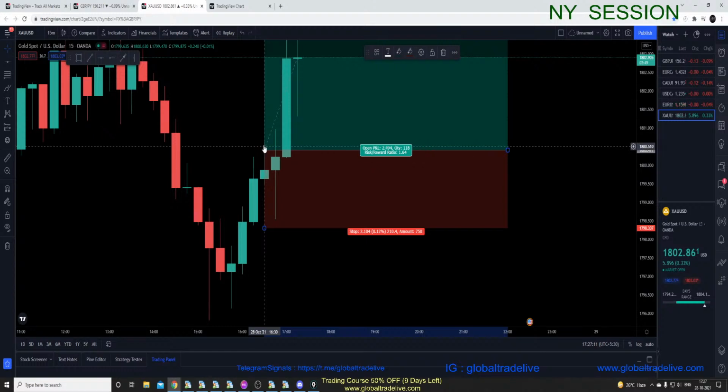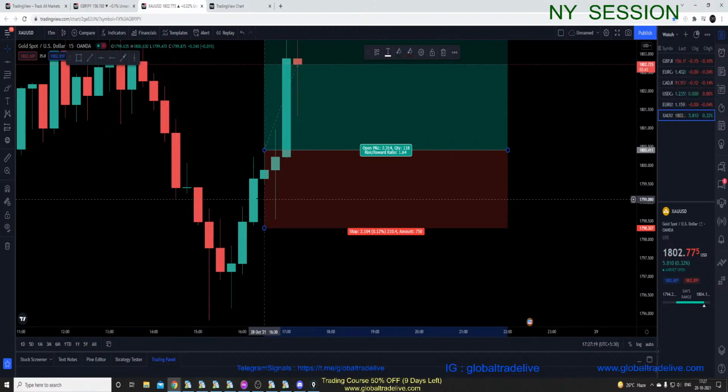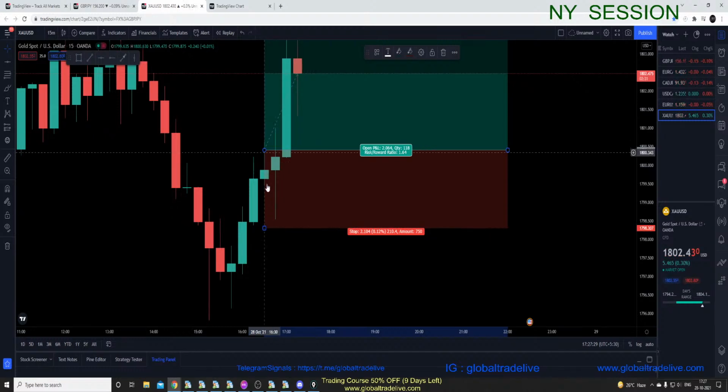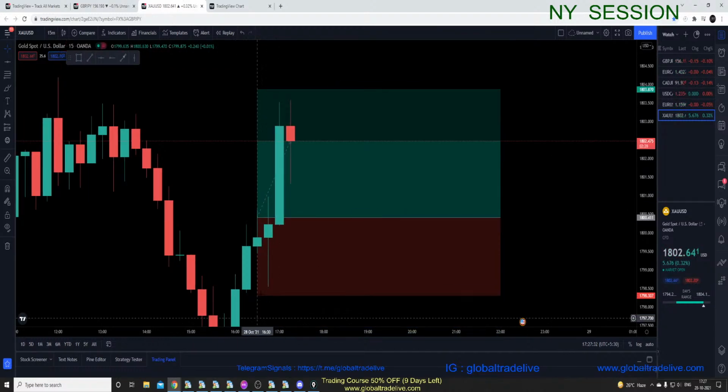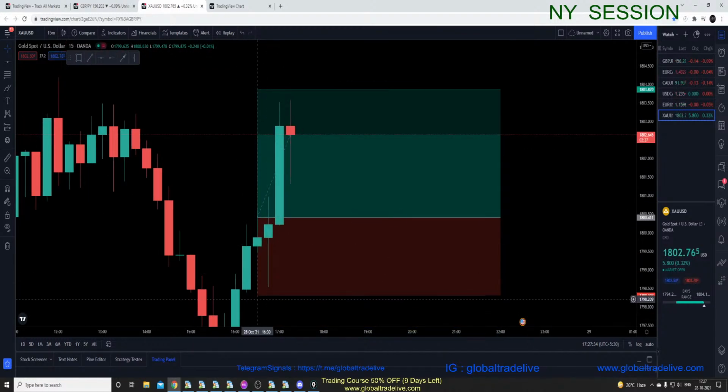But when this candle closed like a weak bearish under this wick, you should increase your stops by giving it to the previous candle's low, because this is the safest place. I'm talking about gold only.